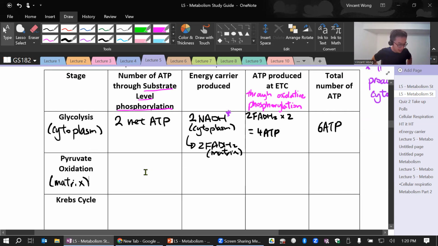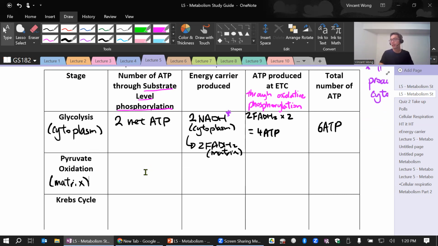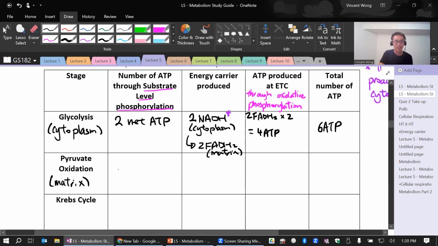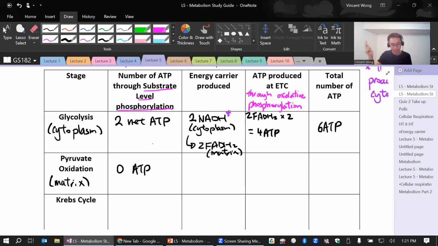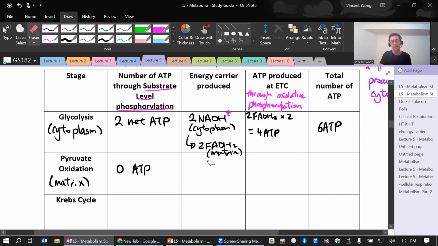The note from last class. 0 is correct. Very good. 0 ATP. None. Only 3 things happen during pyruvate oxidation. You remove a carbon dioxide, you create NADH, and you recharge the molecule by giving it coenzyme A. No ATP is produced directly.